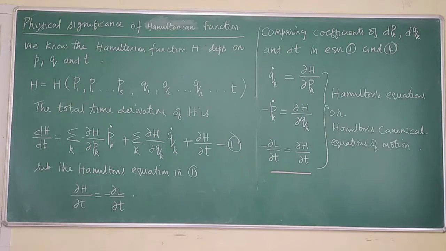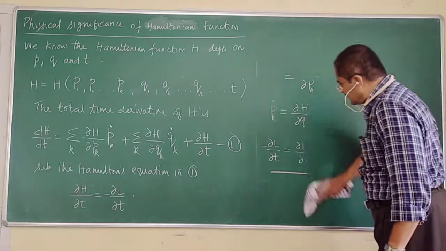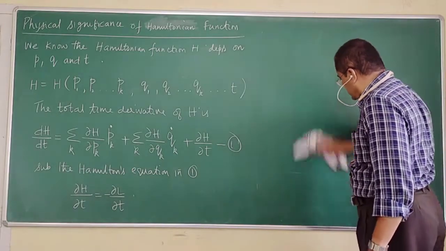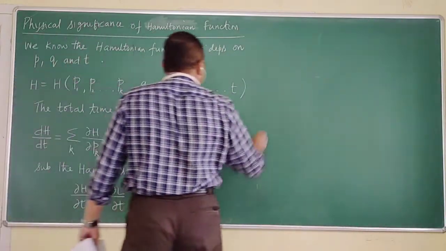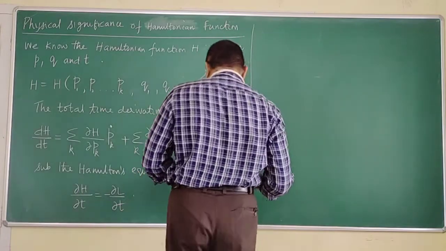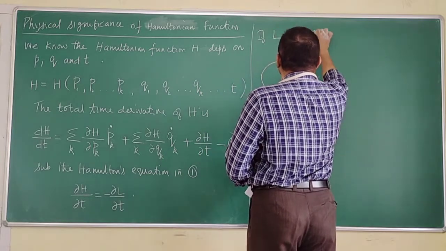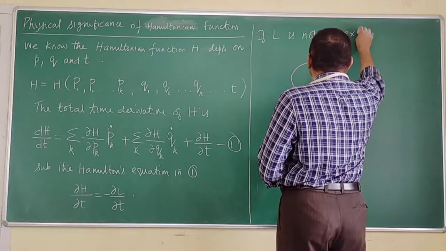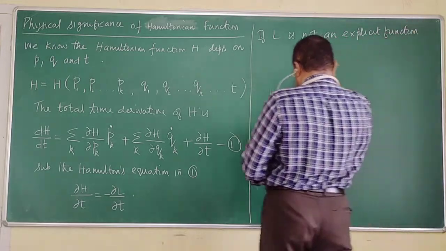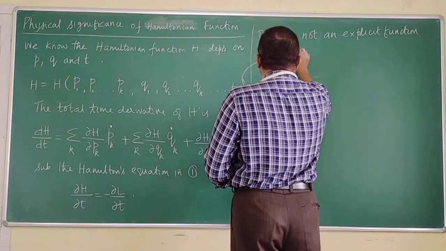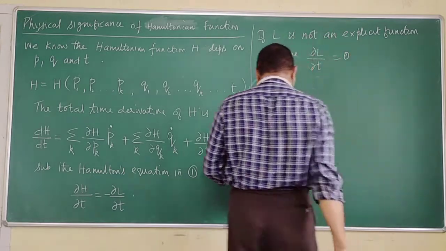Okay, let me rub this part off now. If the Lagrangian is not an explicit function of time, then ∂L/∂t will become 0.